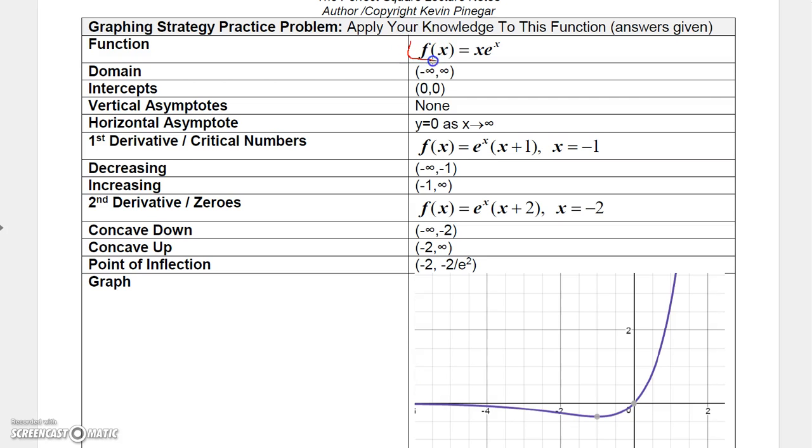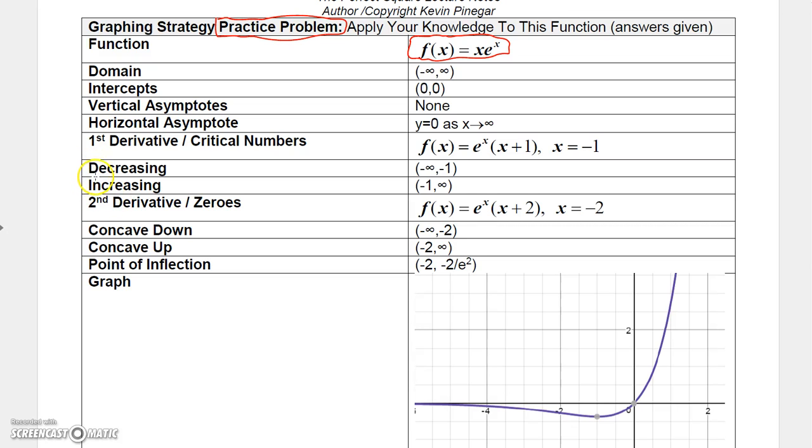Okay, take this function here, x e to the x, it's not as nasty as the one I just did, and go through and identify what you can here. So do this as a practice problem. And if you need to, freeze the video, then take this problem, identify things like the domain, the intercepts, asymptotes, and then get your first derivative, get your second derivative, and use those to determine relative extrema and points of inflection, and then try to use the information to determine the graph.